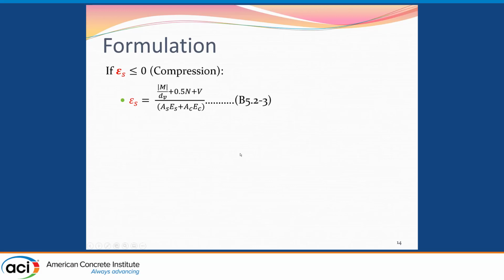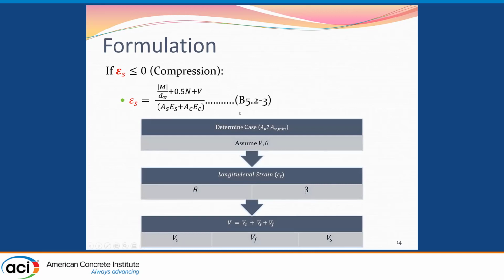This is just briefly the formulation that we used, how we implemented it. This is the standard procedure. We start by deciding what case we have. Are we less than the AV minimum or more than the AV minimum? And then we make an assumption for V and theta. And we calculate the longitudinal strain from the equations that have the moment, the axial, and the shear.